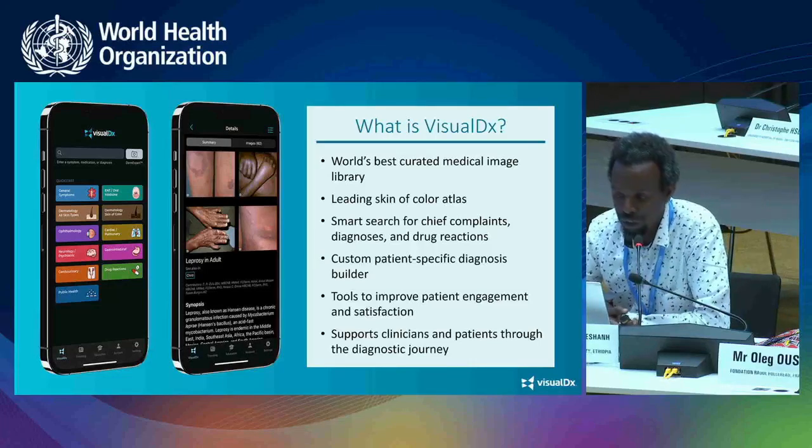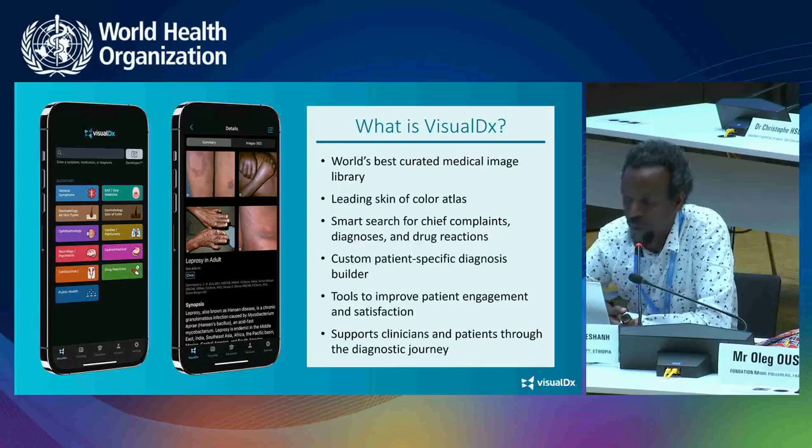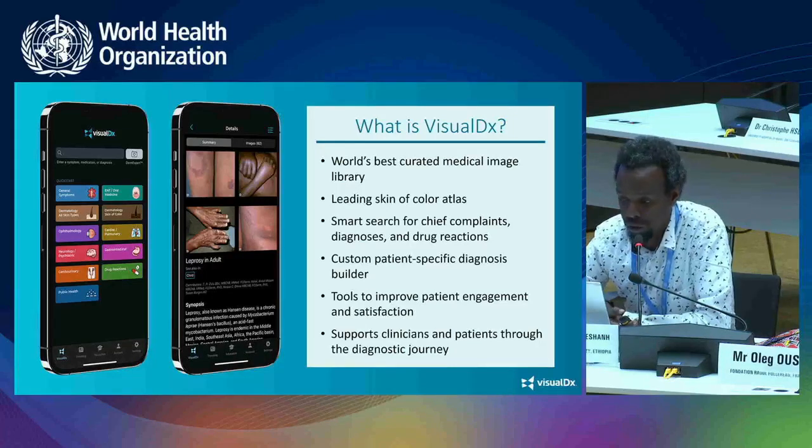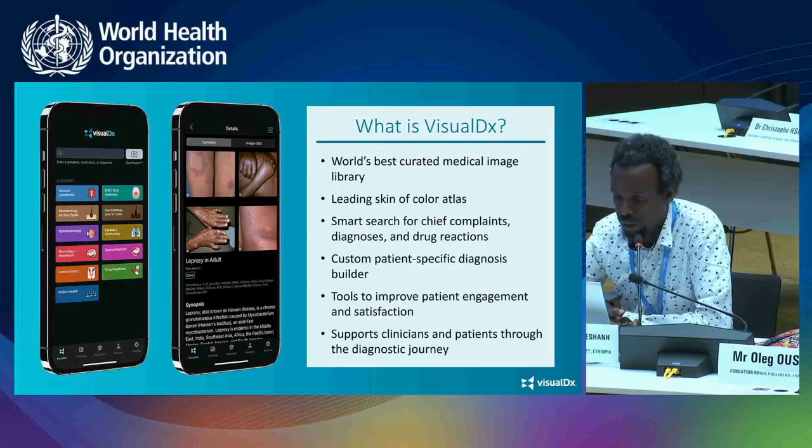A 2020 publication from the Journal of the American Academy of Dermatology reported an assessment of 8 commonly used resources in dermatology. These are 6 textbooks and 2 web-based resources, and 65 conditions were selected for review.